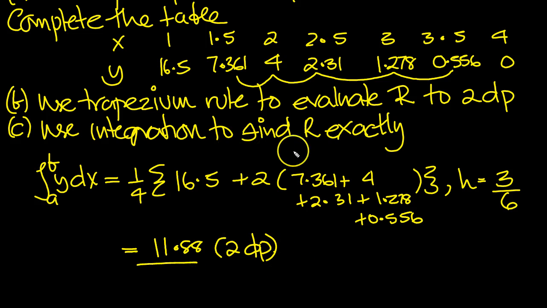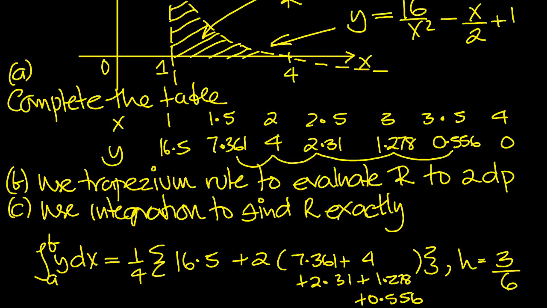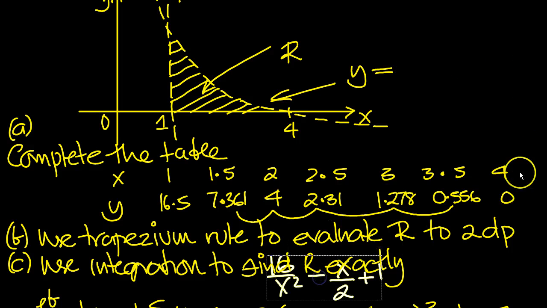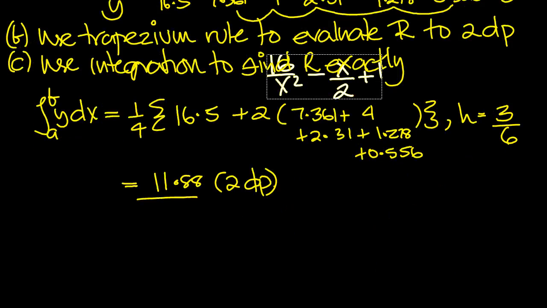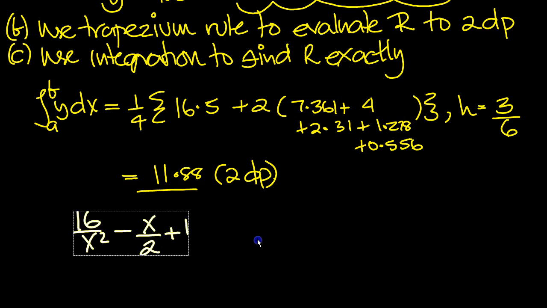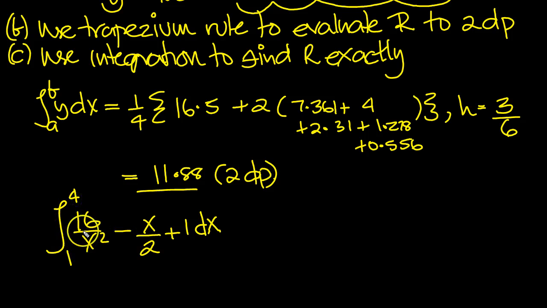So use integration to find R exactly then. Our y subject is here. I'm just going to copy that and move it down rather than write it again. We want to integrate this now. Part C then. So we've got the integral dx between 1 and 4. 16 over x squared is 16x to the minus 2.